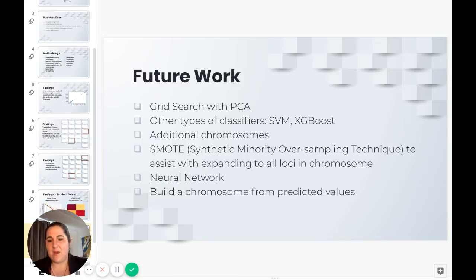Speaking of future work, there are some better classification systems that I can use to drive that strand study to be more effective, specifically SVM modeling and using an XGBoost. I would love to expand. So right now, this is only for human chromosome 19. I would love to expand that to all human chromosomes. I would also love to use a neural network to possibly get some better information whenever I move to additional chromosomes.